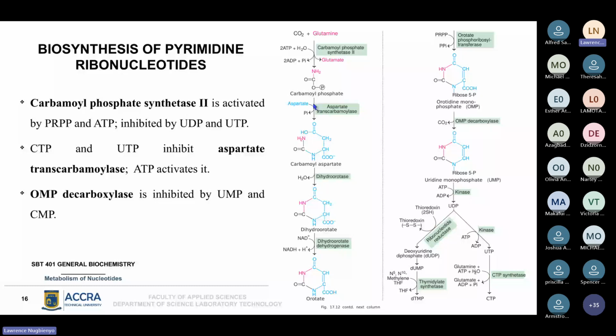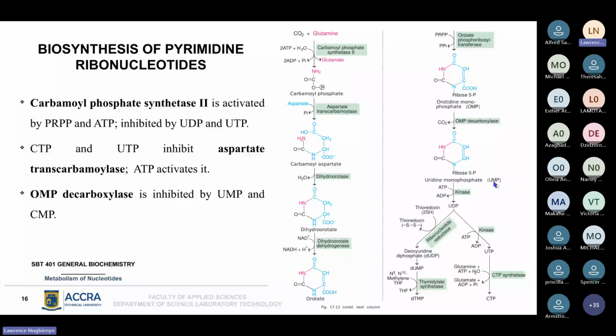You also have the OMP decarboxylase, which is the enzyme involved in the decarboxylation of orotidine monophosphate. That enzyme can also be inhibited by products of the reaction pathway, which is uridine monophosphate.